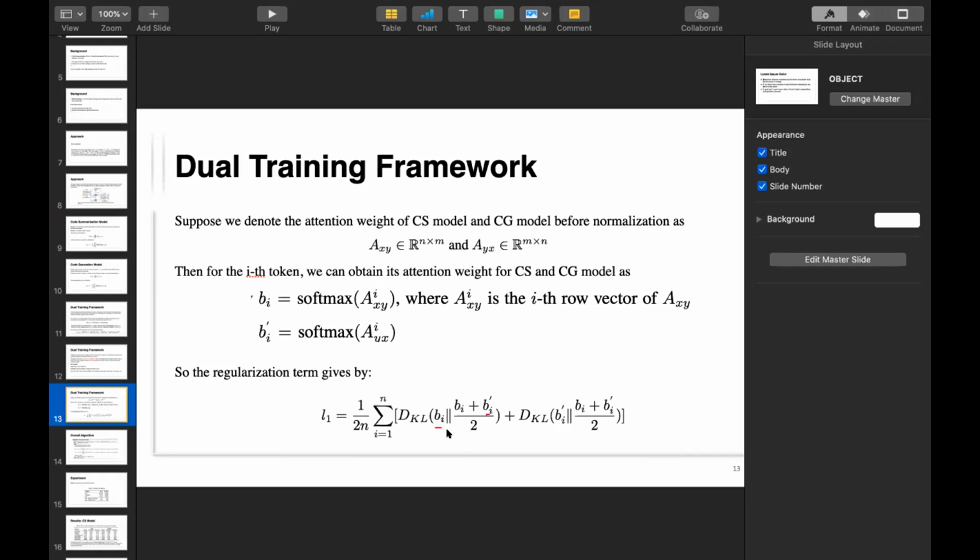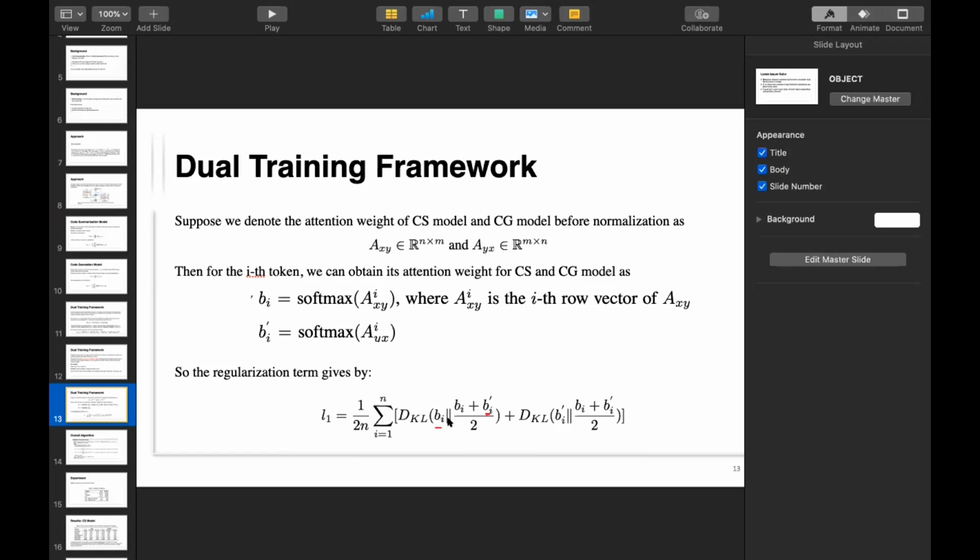So BI means, let me see, BI is the ith token in the code contributed to different comments. BI prime means the ith token in the comments contributes to different code.